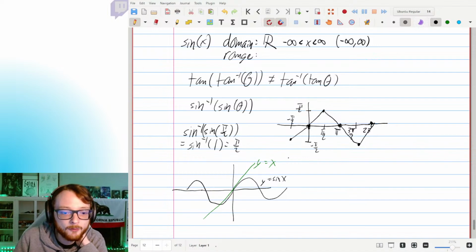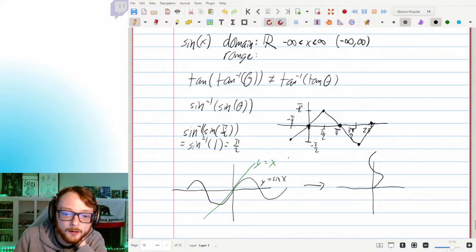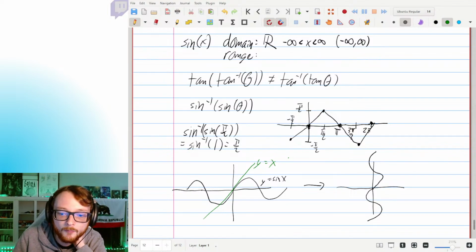If we reflect sine of x across y equals x, you basically get a sine curve that goes along the y-axis instead. Like that. And y equals x is still there.